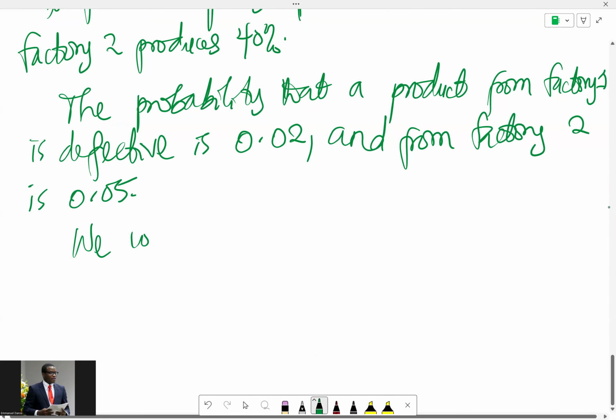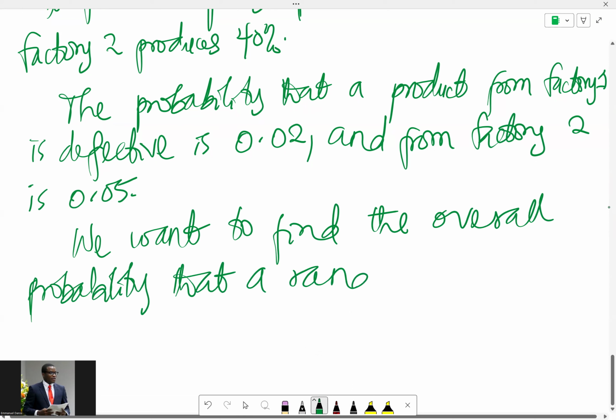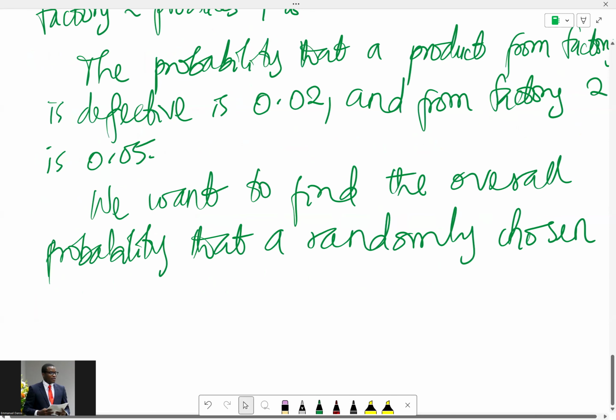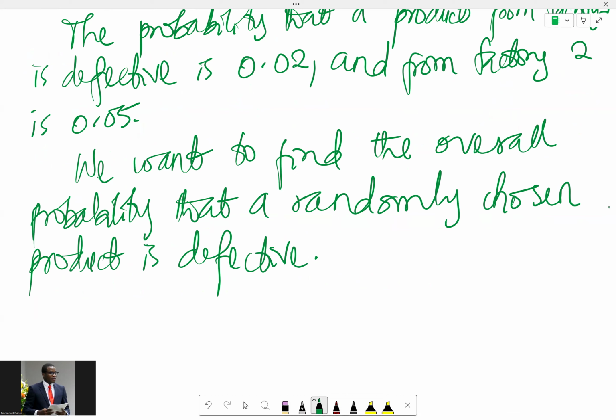So we want to find the overall probability that a randomly chosen product is defective. In this case, we have to take into consideration the total probability of a product being defective from both factories.